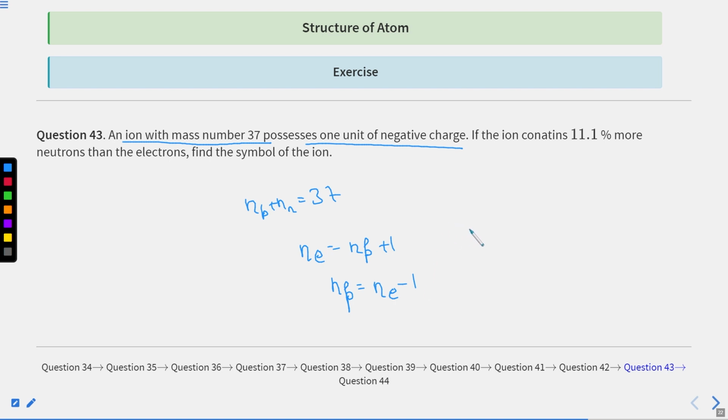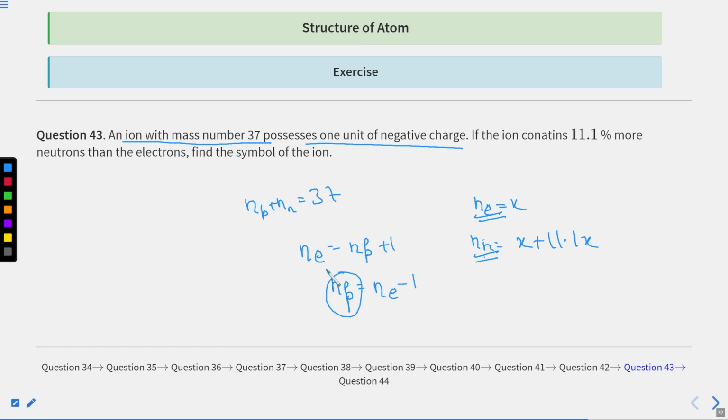Now next, suppose we consider the number of electrons as x. Then the number of neutrons will be x plus 11.1x. This is the number of neutrons, and this is the number of electrons.